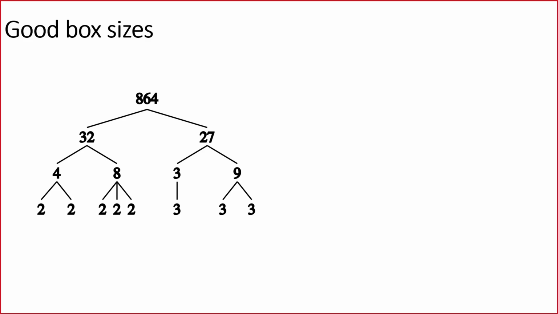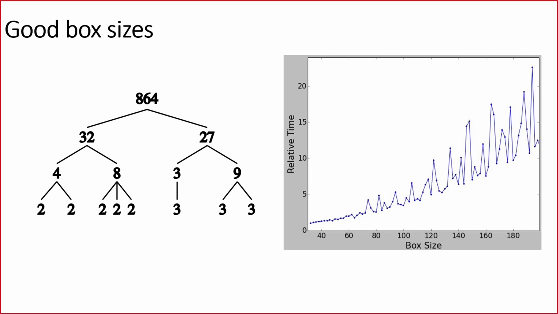Now, of course, we think about our data set and we want to find out, okay, 864 will be good. We can decompose it into these prime numbers and find out that this is composed of 2s and 3s, so this might be good. Well, there are people who have already worked on this and simulated the difference between larger and smaller box sizes with a good prime number decomposition and a bad one.